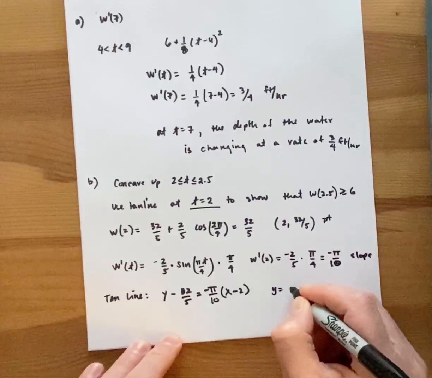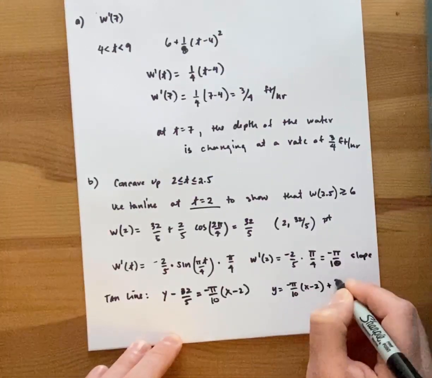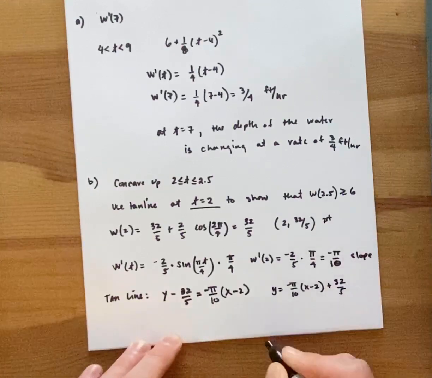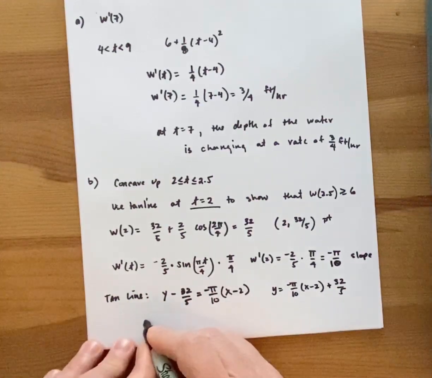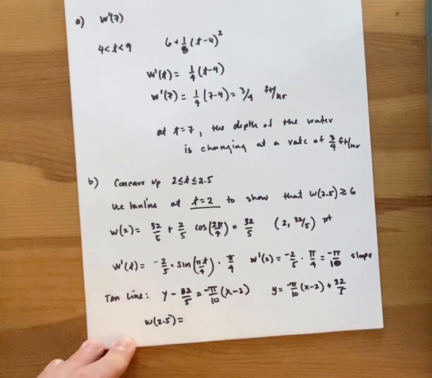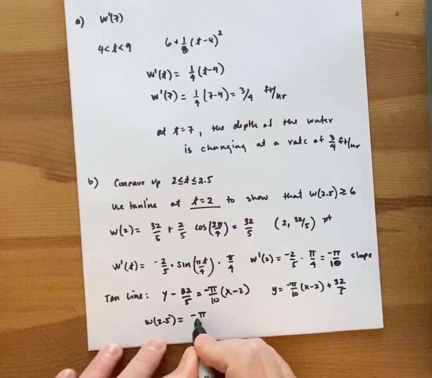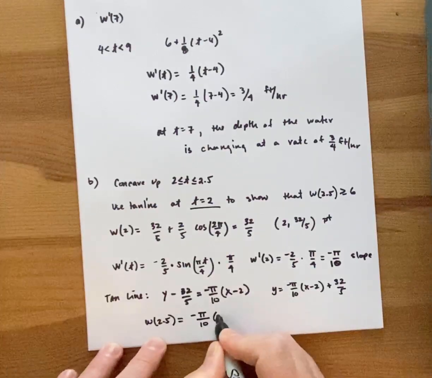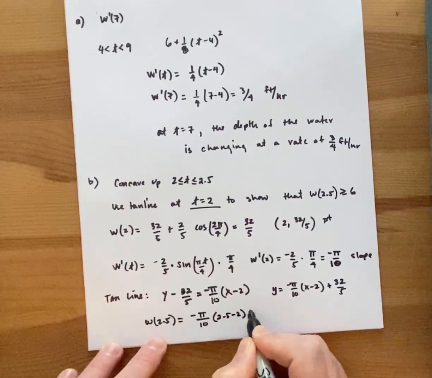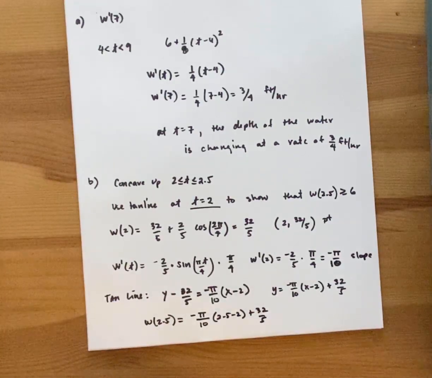So we could write it as negative pi over 10 times (x minus 2) plus 32 over 5. And then to approximate w of 2.5, you would just plug that in. So here you would get negative pi over 10 times (2.5 minus 2) plus 32 over 5. It would look like that.